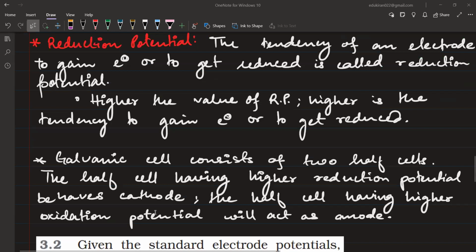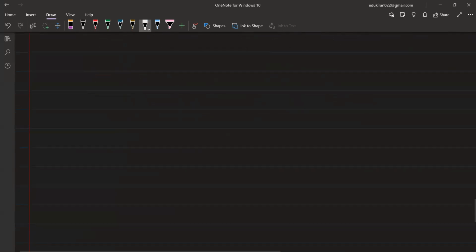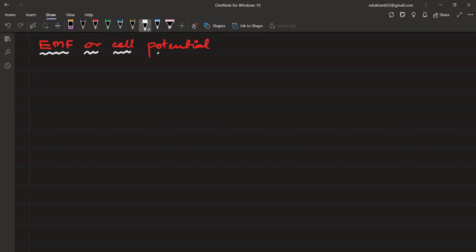Now you write here: EMF or cell potential. EMF is capital. Sorry. EMF or cell potential.